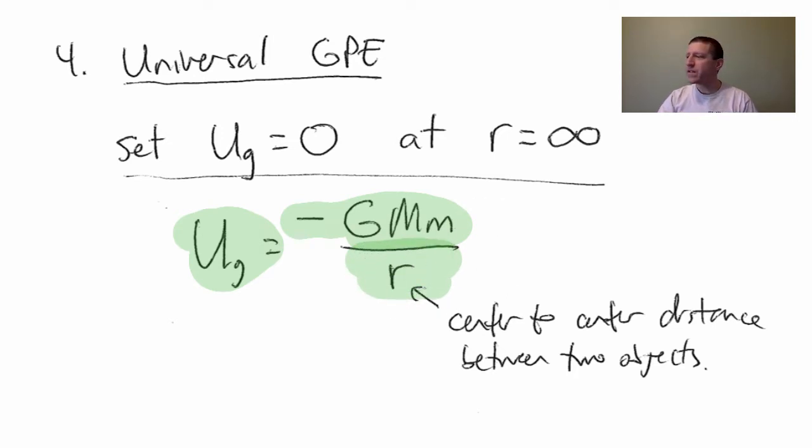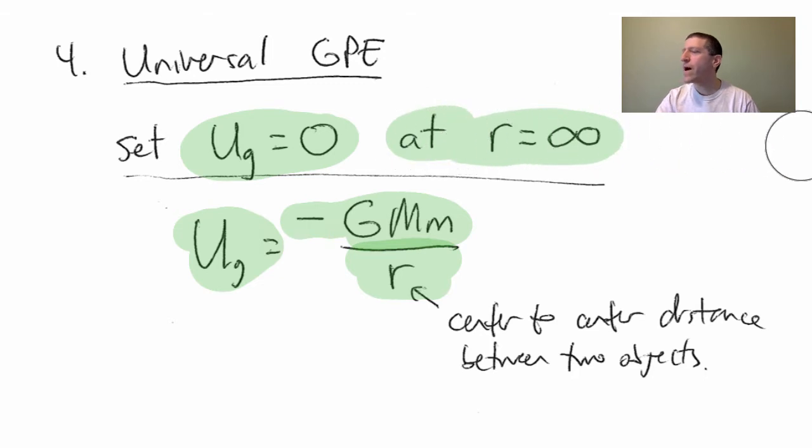One is that this is negative, and also that it's not over R squared, it's just over R. This equation right here only works if you set UG equal to 0 at R equals infinity.